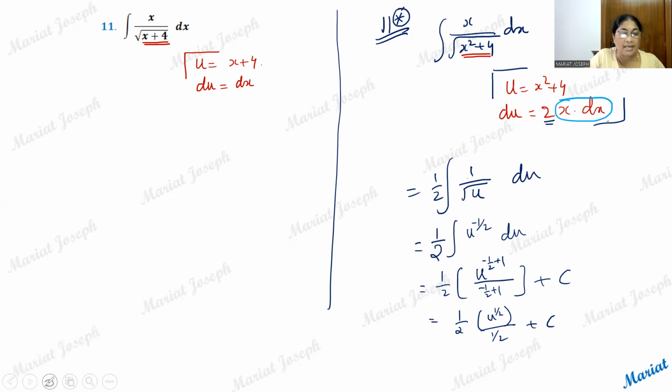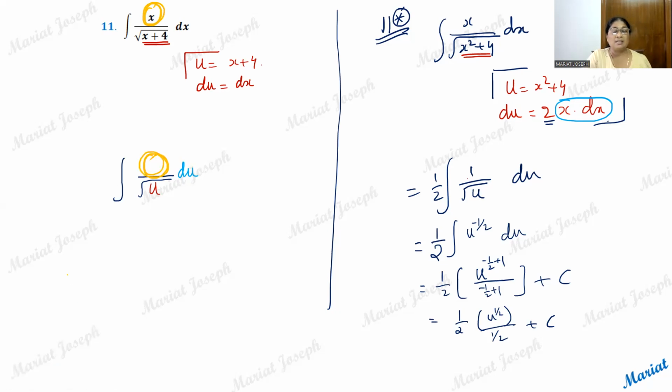Yes, ma'am. Okay. Now you see this question, 1 upon root u is okay. u was taken as x plus 4. That was okay. And du has come in place of dx. That is also okay. But what are we going to do with this x? You cannot replace that x just like that here.